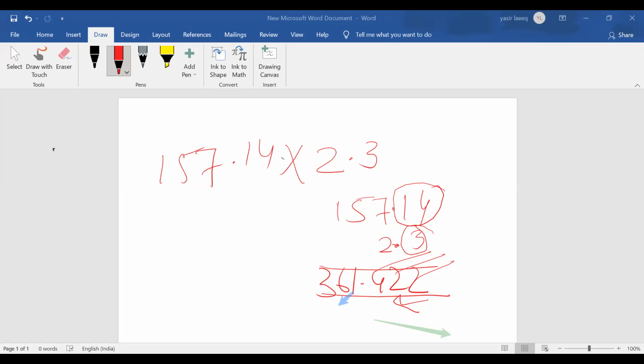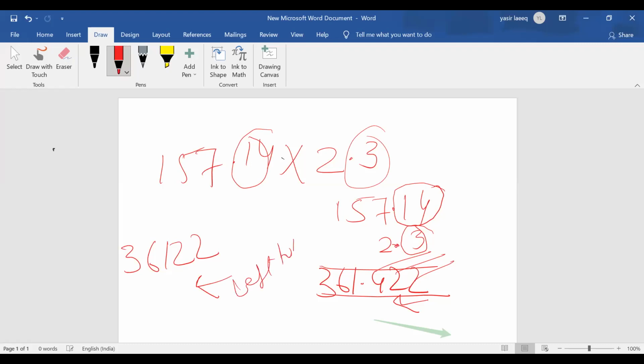Okay, see, I am showing you again. The answer will be 361422. Now we have to put the decimal. At how many places do we have to put it? See, it is at two places here and one place here. So 3 places. We have to count from left to right.